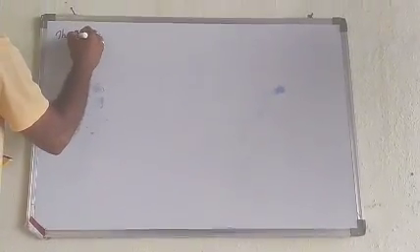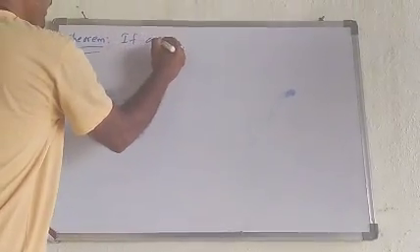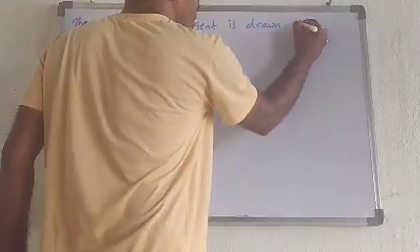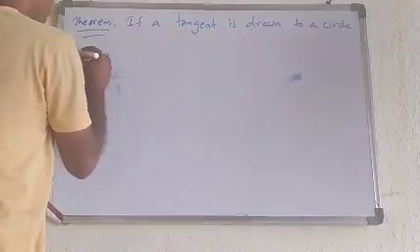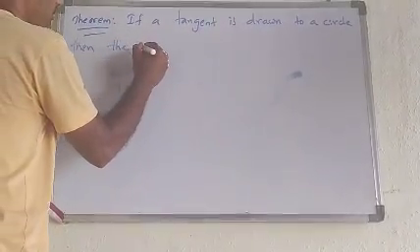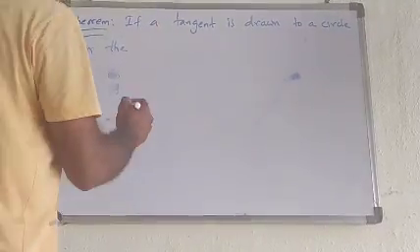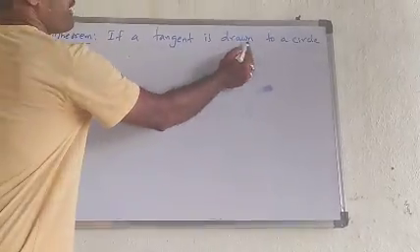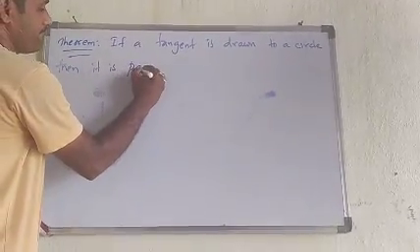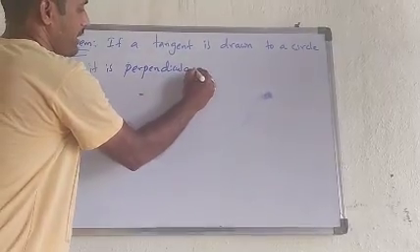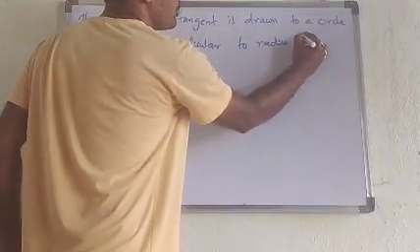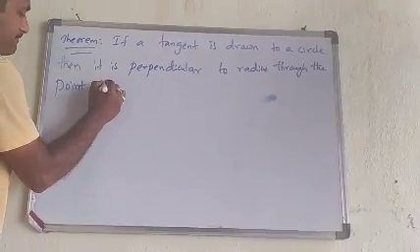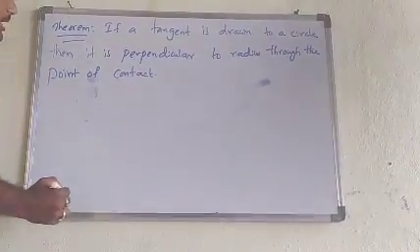So the theorem statement is, if a tangent is drawn to a circle, then it is perpendicular to the radius through the point of contact. Through the point of contact.